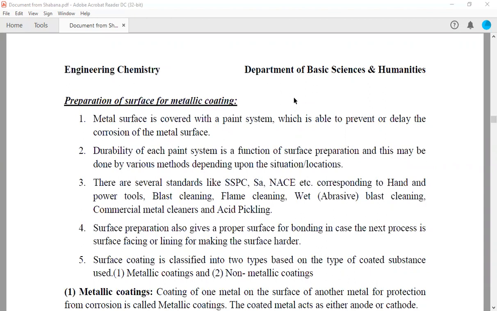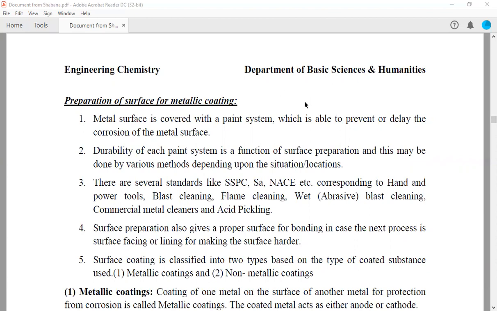So that is the first and foremost requirement for the protection. And the second requirement is that the coating must prevent the penetration of the environment to the material which they protect. So these are the requirements of the protection.